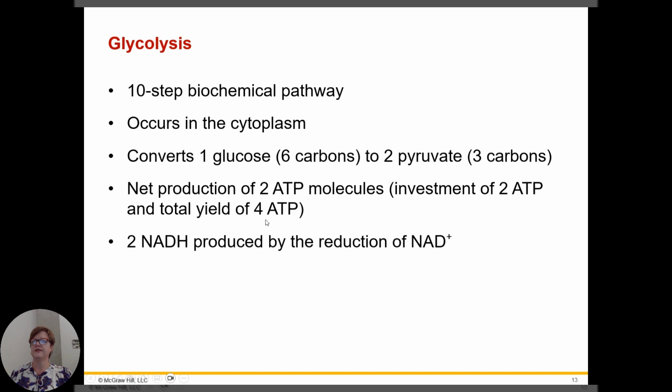So the overall yield of gross profit minus investment is 2 net ATPs, if we think about it almost in a business sense. And then we also get 2 NADHs. Remember, NAD plus is our electron carrier. So 2 of those pick up electrons, and we get 2 NADH molecules.